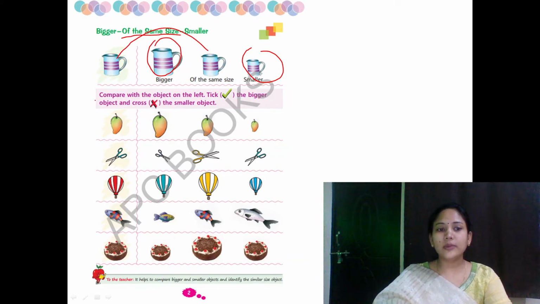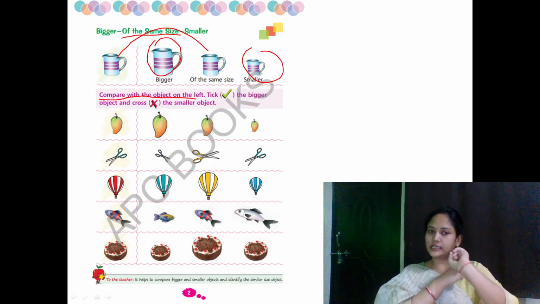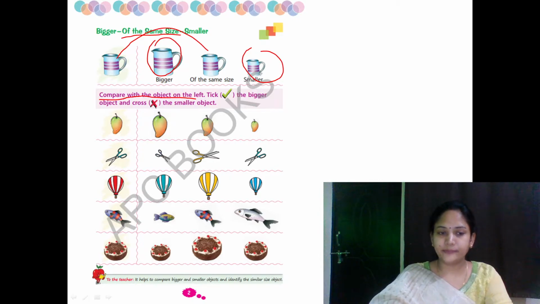Now see the question. You have to compare with the object on the left. Tick the bigger object and cross the smaller object. Big object को tick करना है, small object को cross करना है. So let us see. Now here you have a mango और यहाँ पे आपको 3 mangoes है.